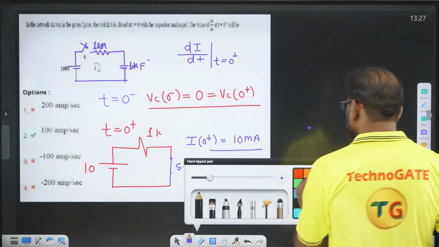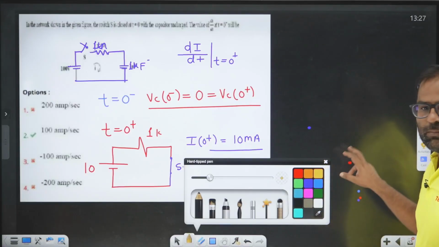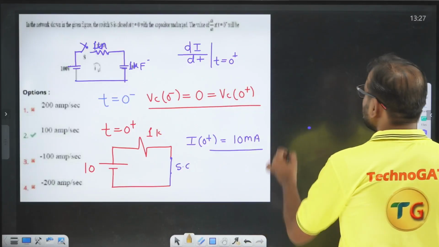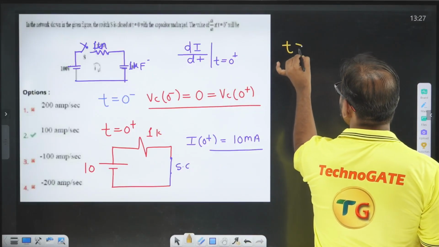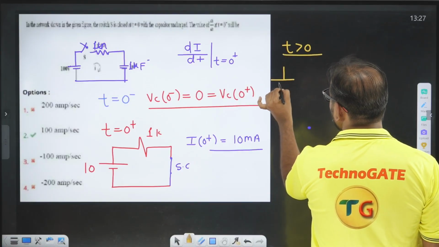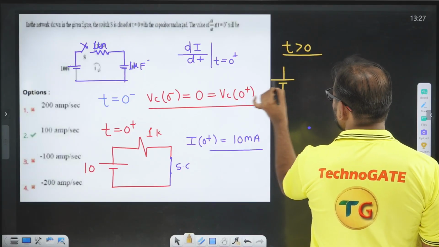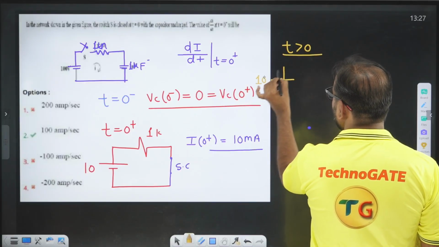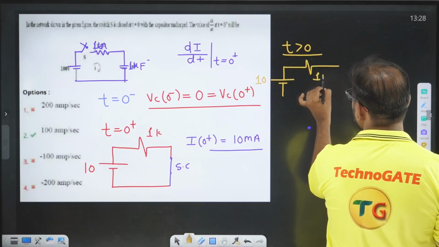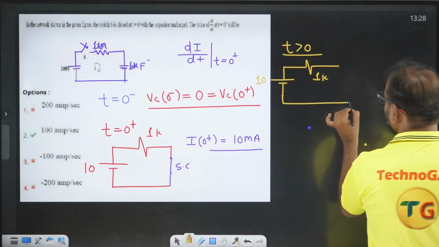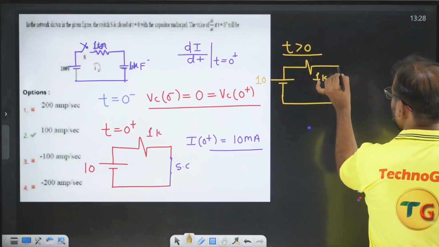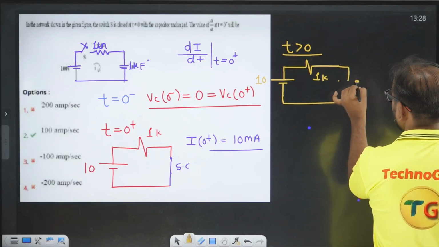But we are not interested in the 10 milliampere, we are interested in di by dt. So when you draw the circuit for t greater than 0, can I say the circuit will look like this? A 10 volt source, then 1 kilo ohm, then 1 microfarad.